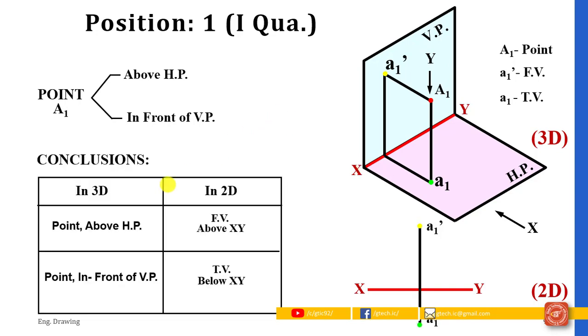In this conclusion table you can clearly see the point is above the HP and in front of the VP, and in 2D you can see the front view is drawn above the XY line and the top view is drawn below the XY line. Now the same kind of representation is used for the other positions of a point in different quadrants.